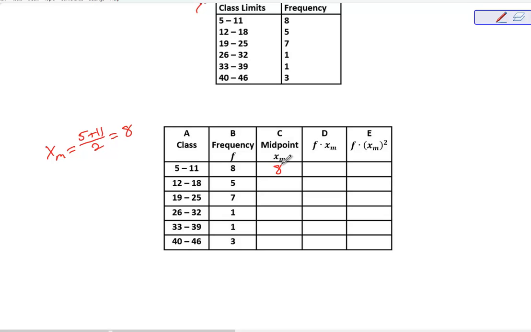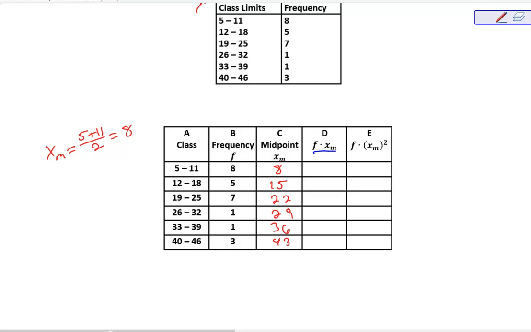And we're going to do that all the way down. So I take 12 plus 18, divide by 2, and I get 15. And again, I'm going to do that all the way down, and that will give us our midpoints here. Okay?